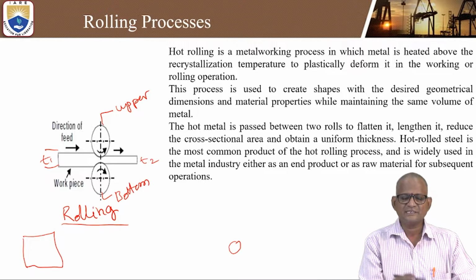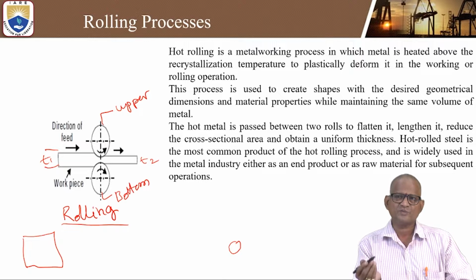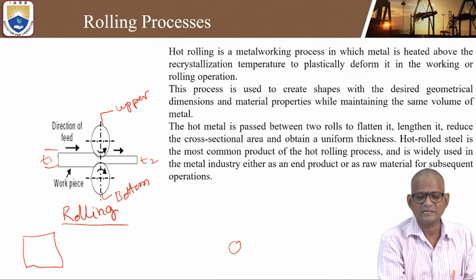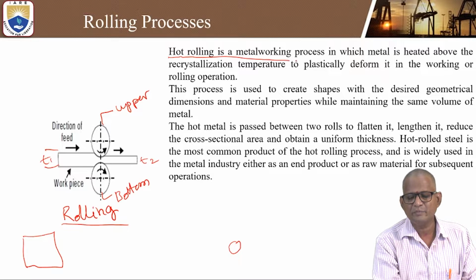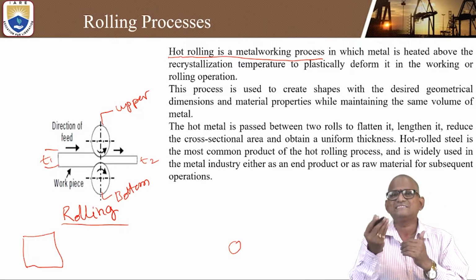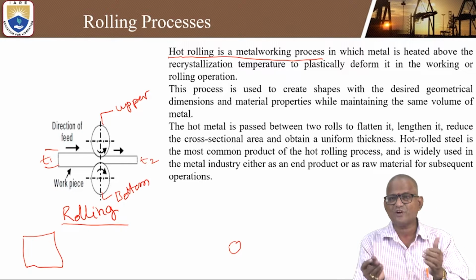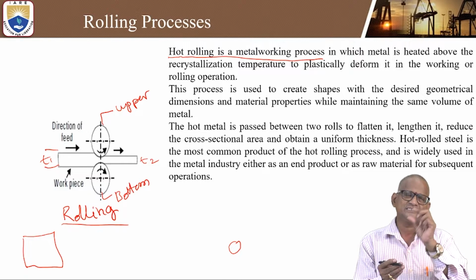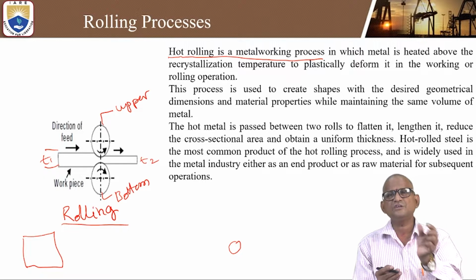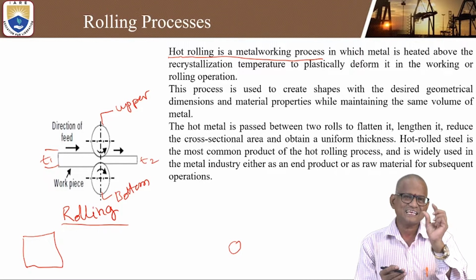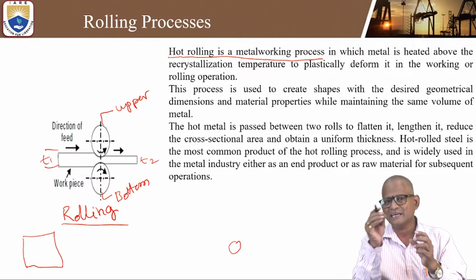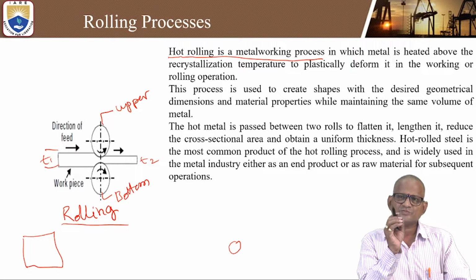So let us see the definition of the hot rolling process. Hot rolling is a metal working process in which the metal is heated above its recrystallization temperature. Recrystallization can be defined as the process of changing old nuclei into new nuclei, so that the elongated grain structure is replaced again by small grains.